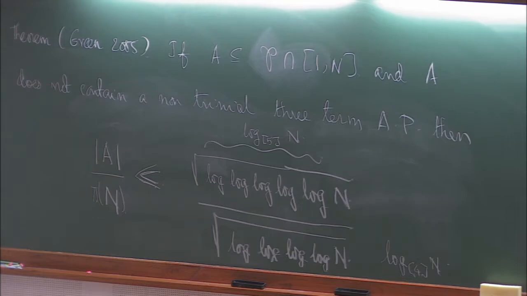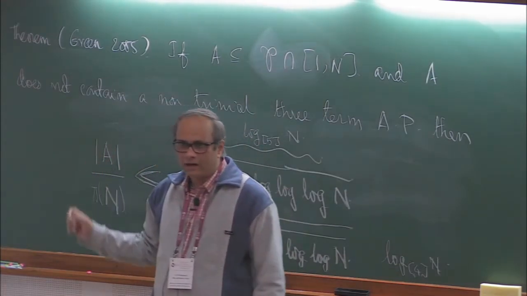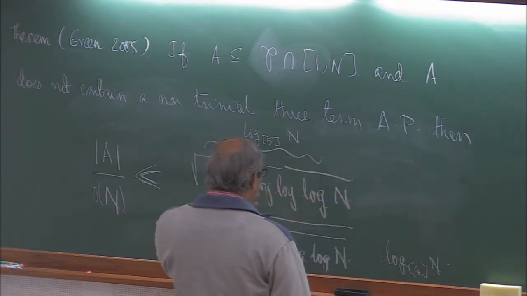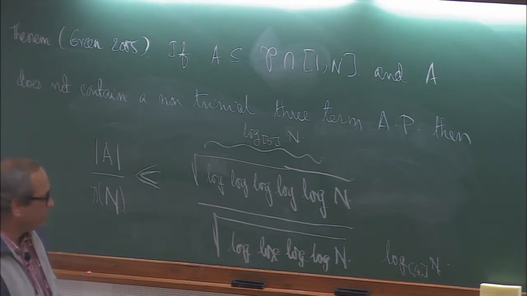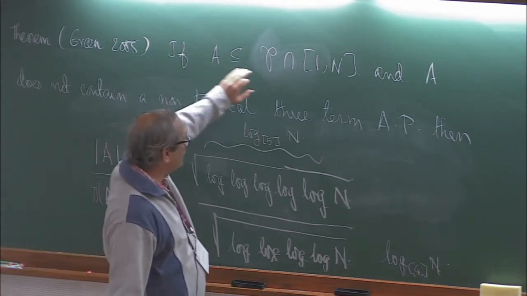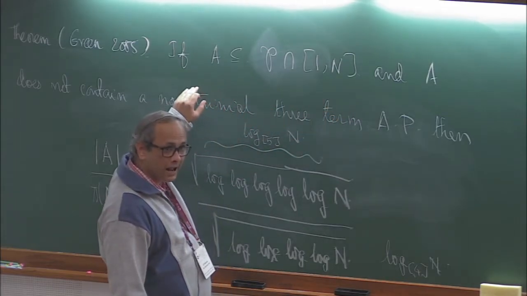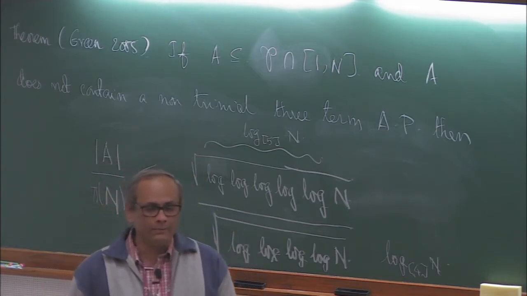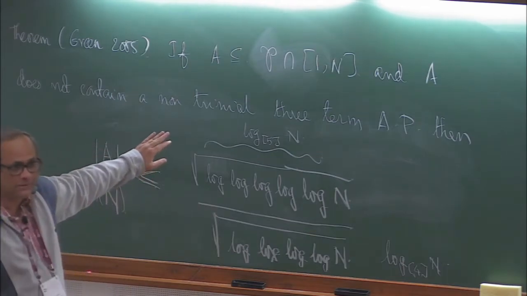Okay, now this is all about subsets of the primes, but historically this was the harder problem, because of the much easier looking problem, which is: if A is a subset of 1 to n and does not have a 3-term arithmetic progression, then is it true that A must be small? Forget about being a subset of the primes up to n.